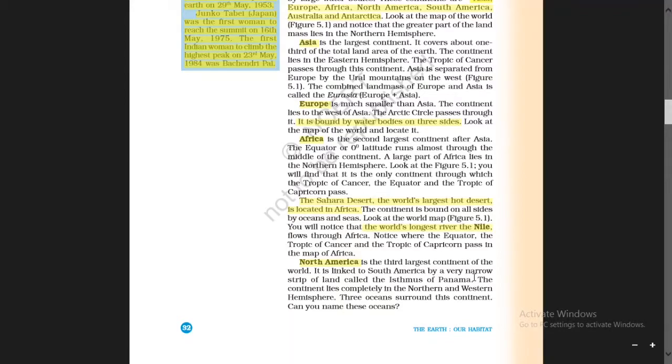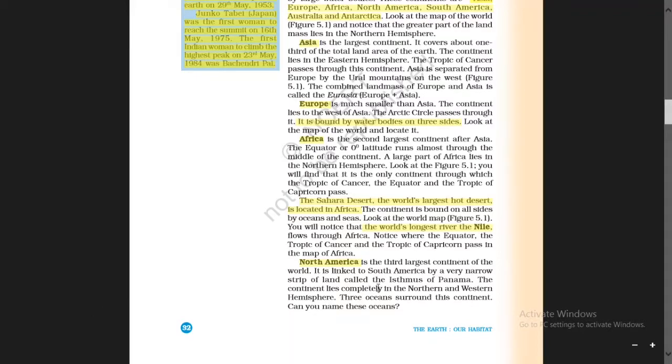Anybody can ask you what is the Isthmus of Panama. It is a narrow strip of land linking North and South America.